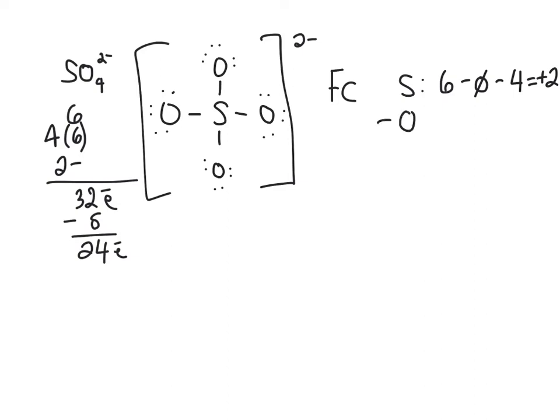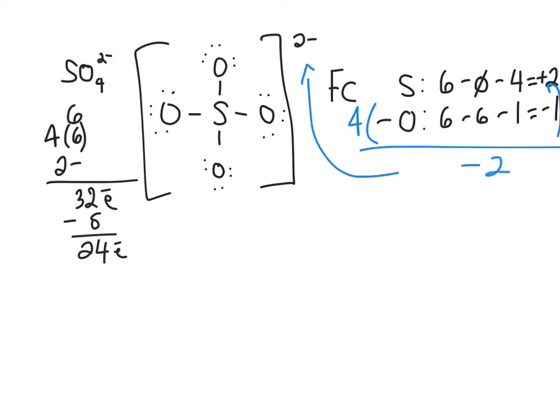Oxygen, there's 4 single bonded oxygens. 6 minus 6 electrons in lone pairs, minus 1 bond, -1. But we have to multiply that by 4, because there's 4 of them. So 4 times -1 is -4, plus 2 adds up to -2, so that part is correct.